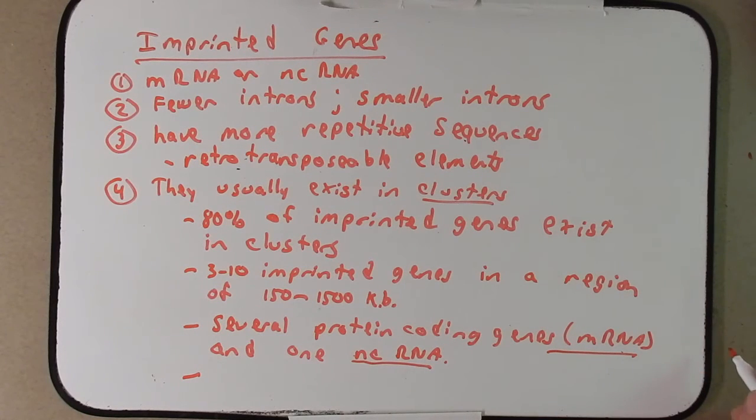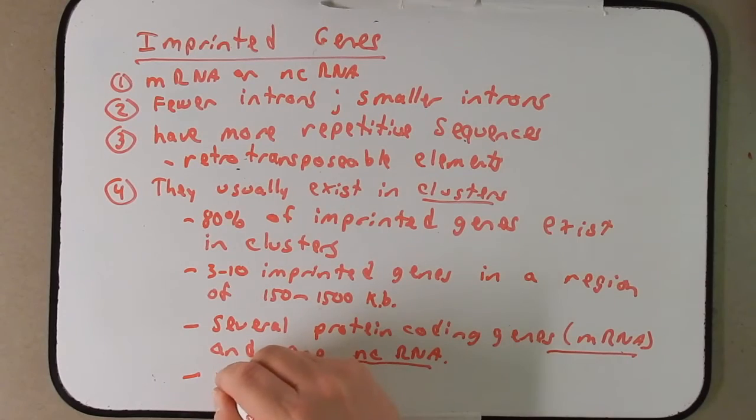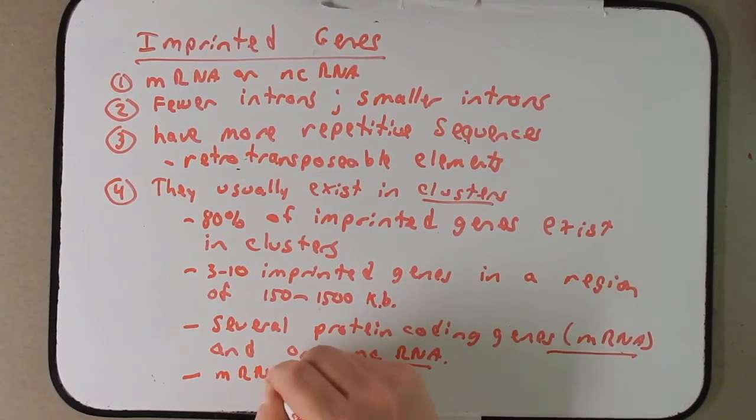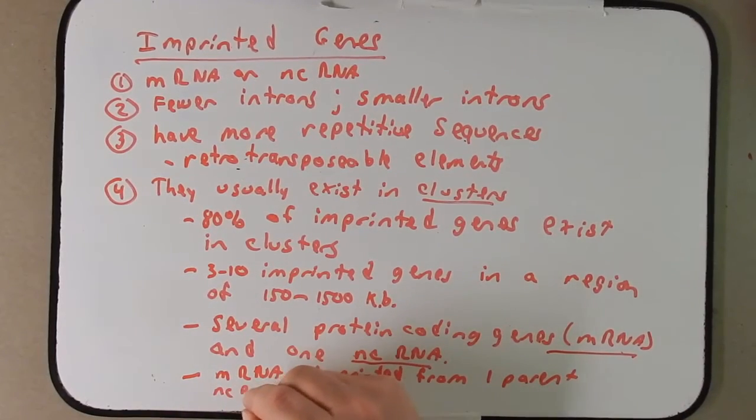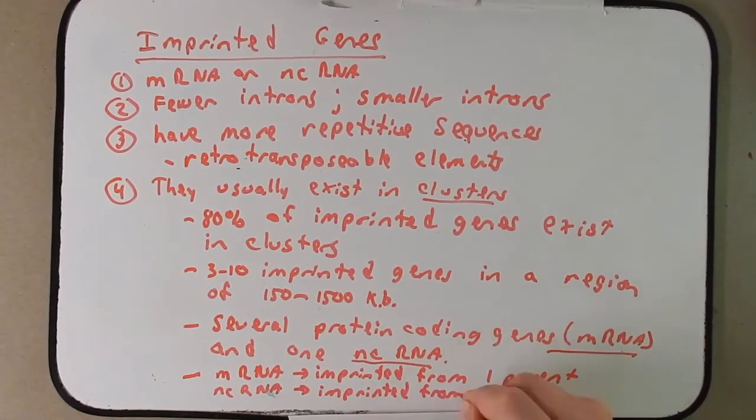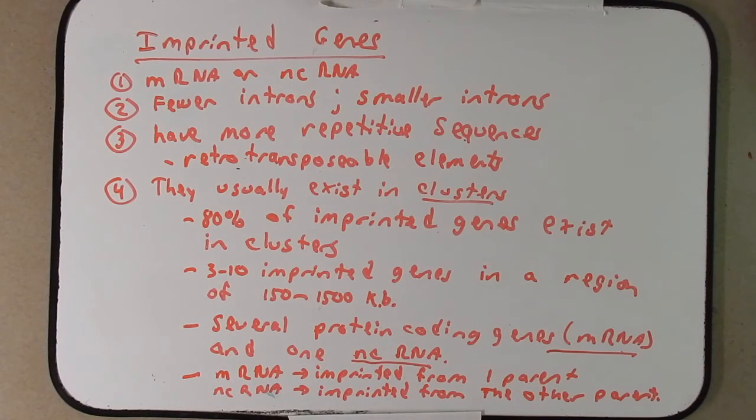What I mean by that is that the mRNA genes are imprinted from one parent and the non-coding RNA genes imprinted from the other parent. So this is a general rule. Doesn't mean it's always going to be that case, but of the imprinted genes we know of in these clusters, they often fall into this category where the messenger RNA coding genes are imprinted from, say, the male, and the non-coding RNA is imprinted, let's say, from the female. And it could be vice versa as well.